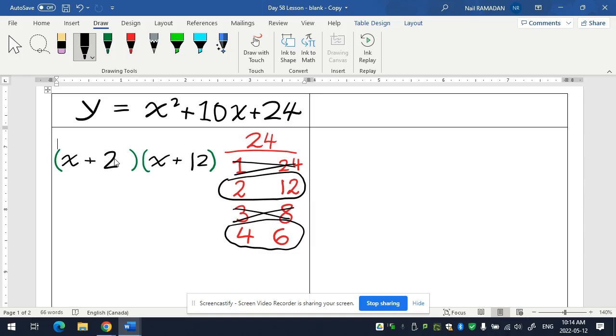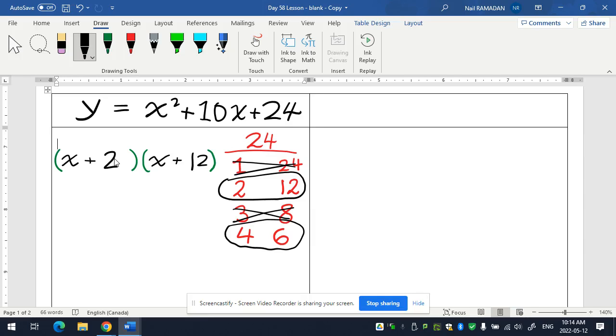What's 2 times X? Okay, what's 12X and 2X? Come on, what's 12X and 2X? Like adding, what's 12 and 2? No, 12 and 2. 14. Is that a 14? Okay, so two pluses are not gonna work.